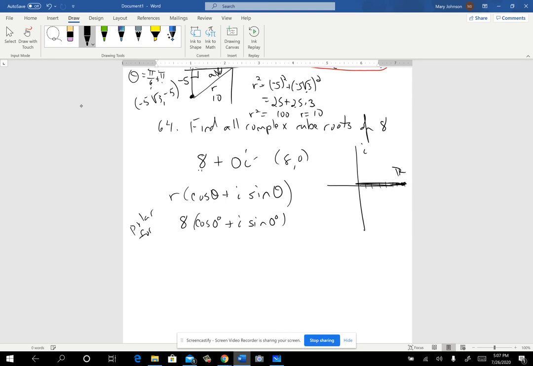And the reason I wanted it in polar form is DeMoivre's theorem for finding roots says that if you want the complex cube root, you take the cube root of 8, then take your angle and add a multiple of 2 pi rotation, divided by 3.